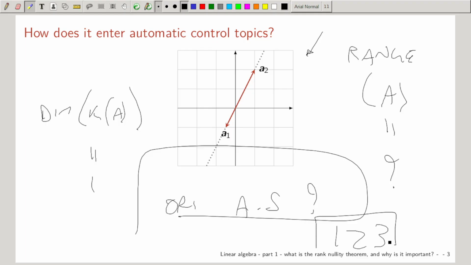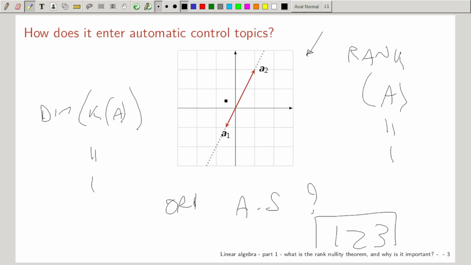People, what would you say if I've got a range equal to 1, or better, the dimension of the rank of A is 1. True? The kernel has to have dimension 1, rank nullity theorem. The origin, can it be asymptotically stable?